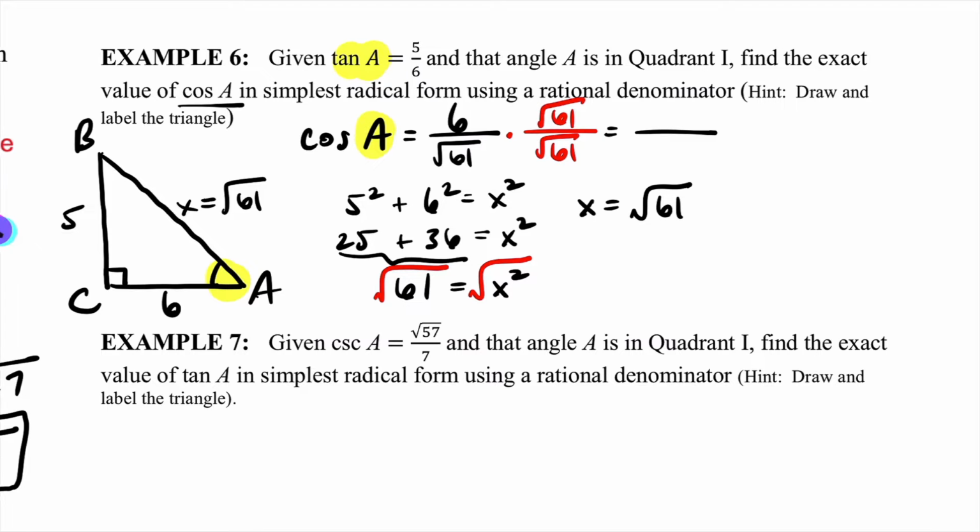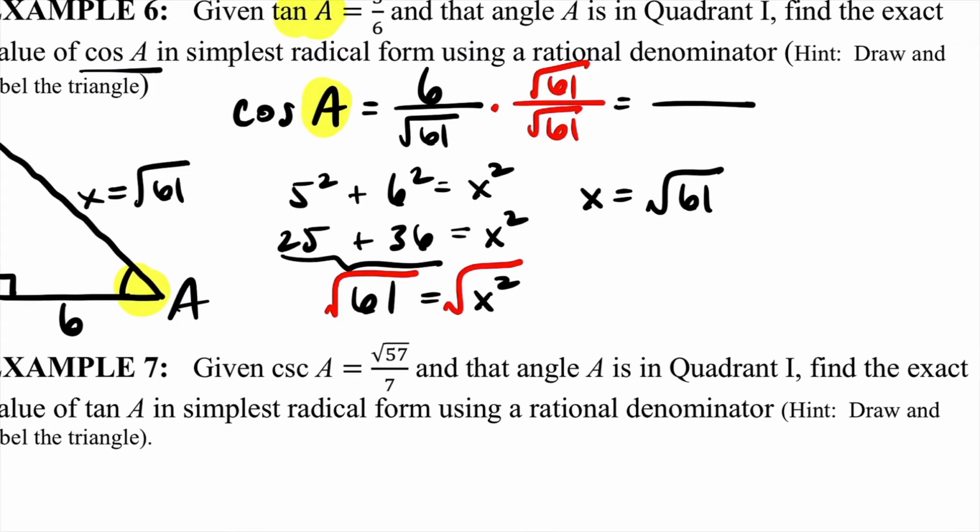So the top, can I multiply 6 times the square root of 61? No. So it's 6 and then the square root of 61. The bottom, you can multiply the square root of 61 times the square root of 61 and then take the square root of that, or you can just say it's the same number times the same number, you're going to get 61.